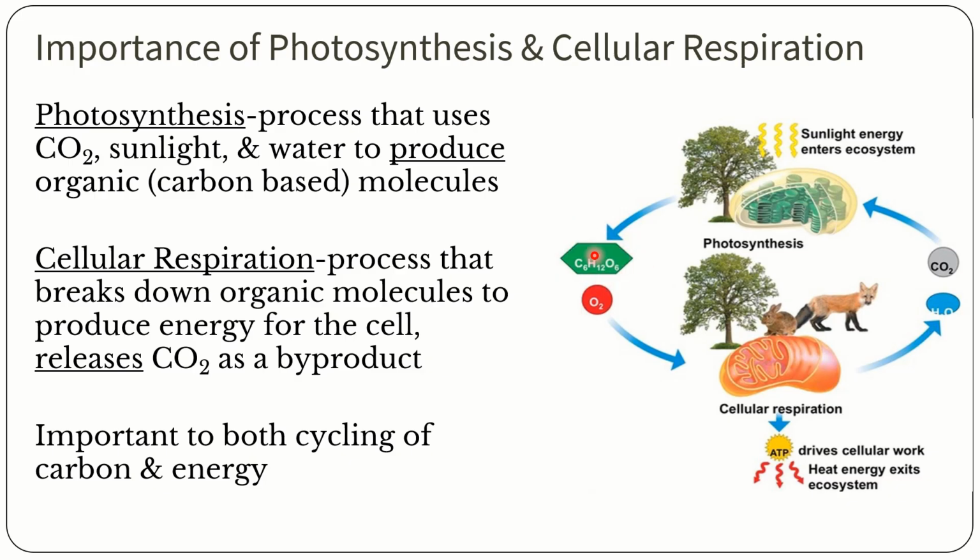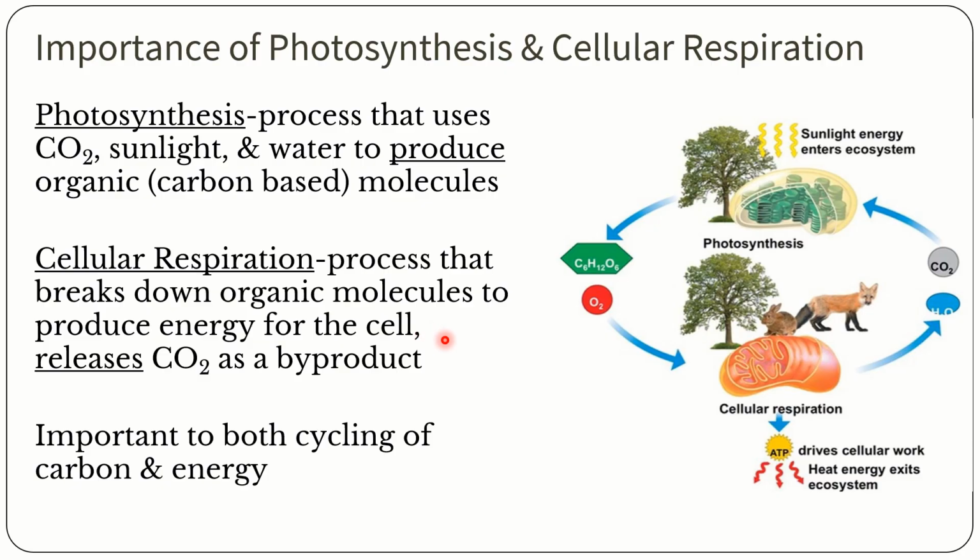The sugar then is transferred into other living organisms. It's also used by the plant itself and other living organisms that eat the plants through a process called cellular respiration. So cellular respiration is a process that breaks down organic molecules to produce energy for the cell, and then it's releasing the CO2 as the byproduct as it breaks down that sugar molecule.